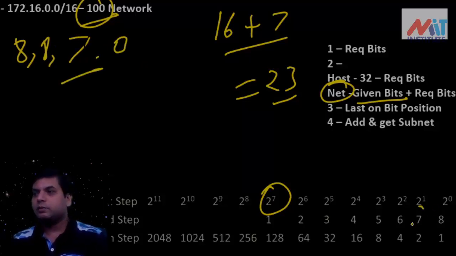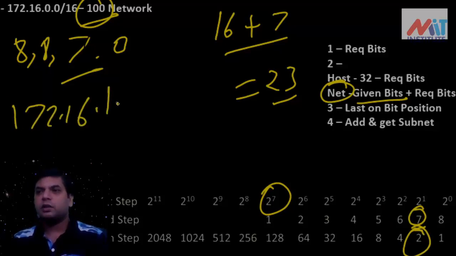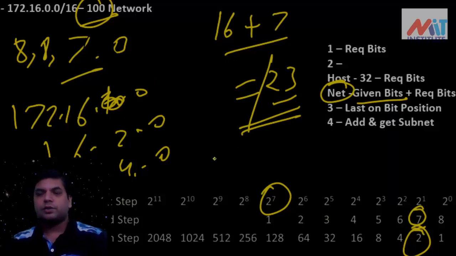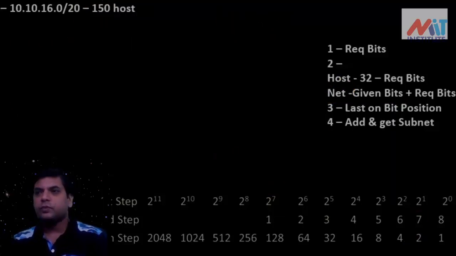The position is 7, so we need to add 2 in the third octet. So 172.16.0.0, 172.16.2.0, 4.0, and we can go further, and the new subnet mask will be /23. Next example.